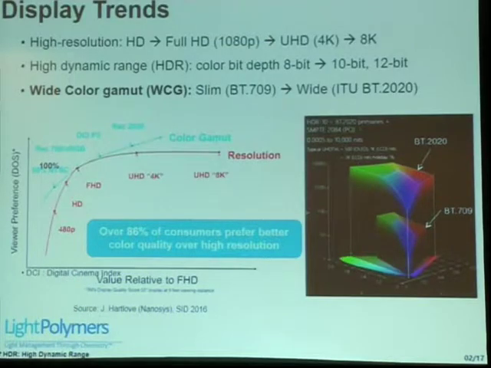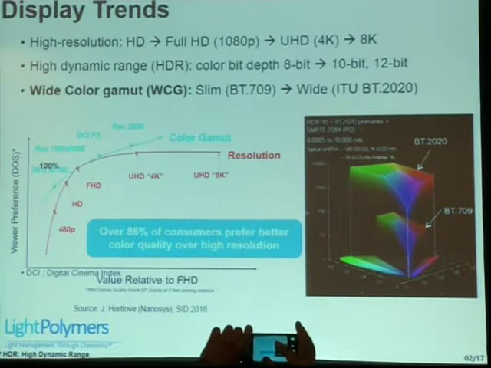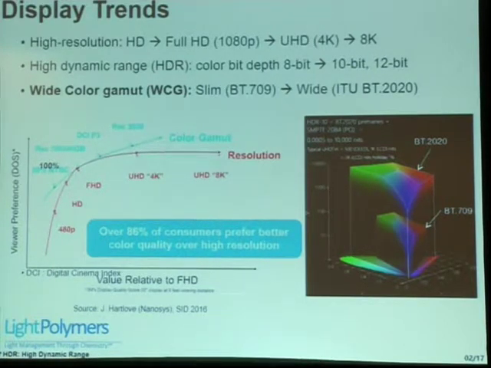What is the display trend? The key trend of the display will be not the resolution, but the color gamut and the contrast ratio, high dynamic range, and wide color gamut. You can see here in this figure the preference of the viewer.